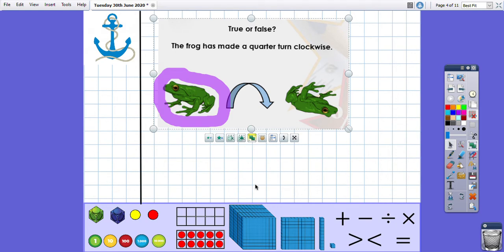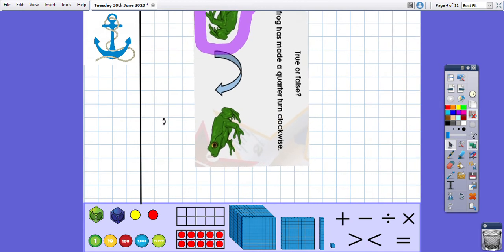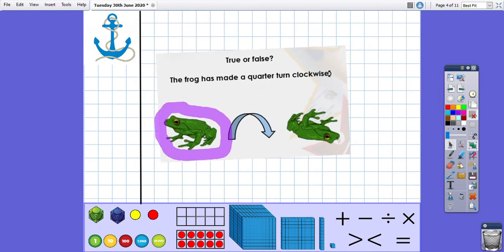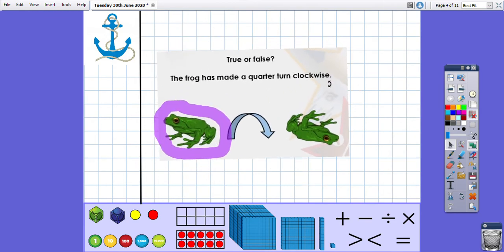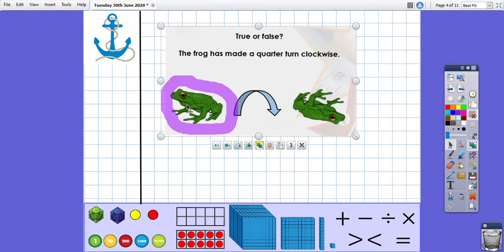Okay, so a quarter turn means the frog would look like that. He would be facing upwards. Let's turn back round. Which means this is false. He has done 3/4 turn, so it is false.